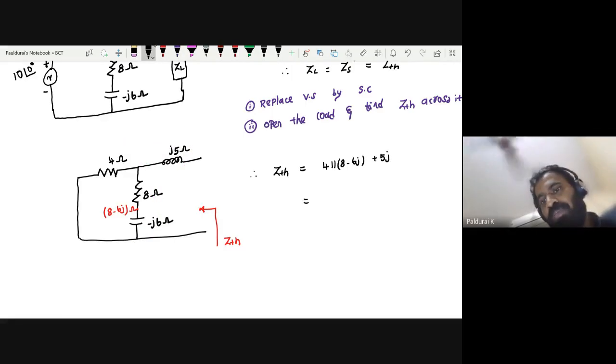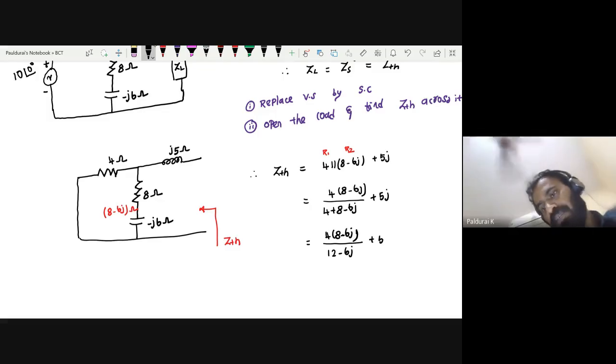If R1 and R2 are connected in parallel, the formula is R1 times R2 divided by R1 plus R2. So it equals 4 times (8 minus J6) divided by (12 minus J6), plus J5.